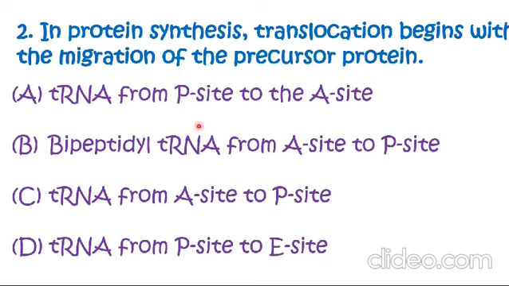So the correct option over here is B, peptidyl tRNA from A site to P site. Translocation especially involves the movement of tRNA with the growing polypeptide chain from A site to P site. So option B is the correct answer.